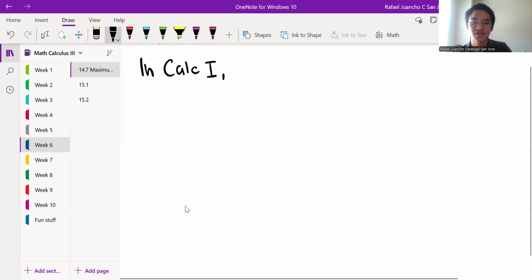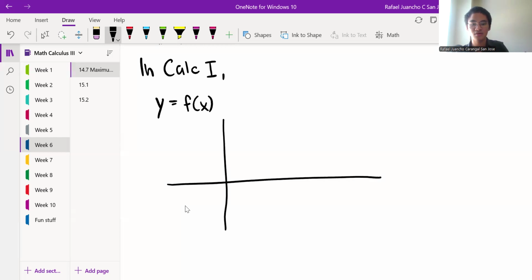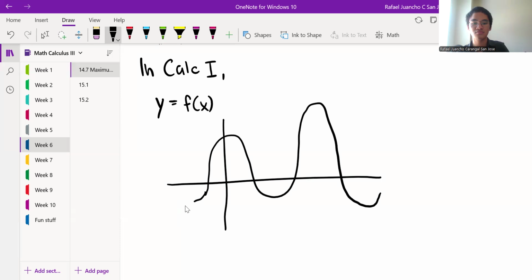So in calculus 1, let's say we're given y equals f of x, a real valued function. Say we're given a curve, something like this. Now, where would be the maximum value?